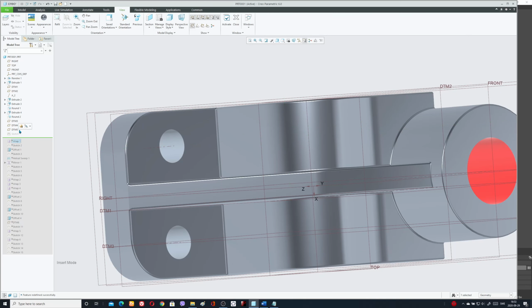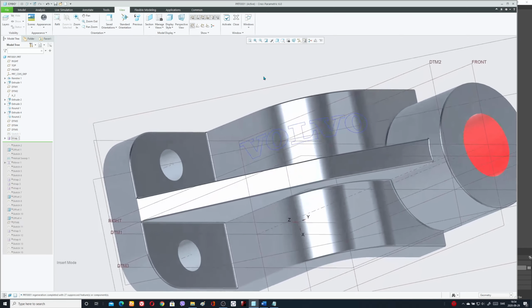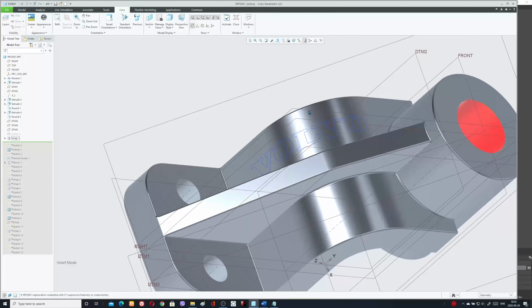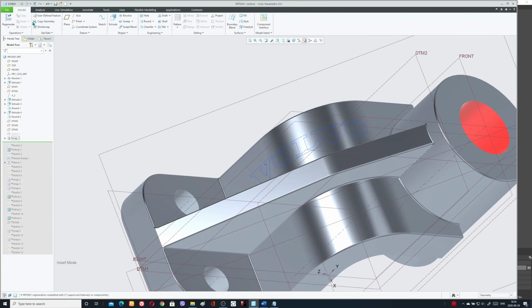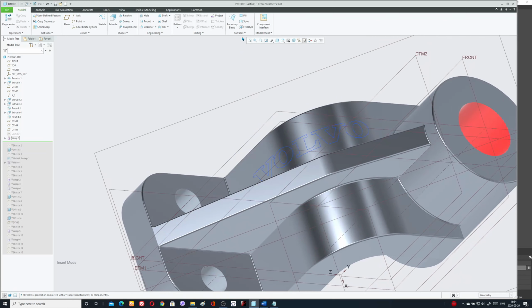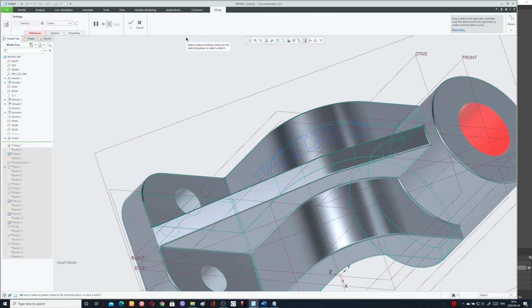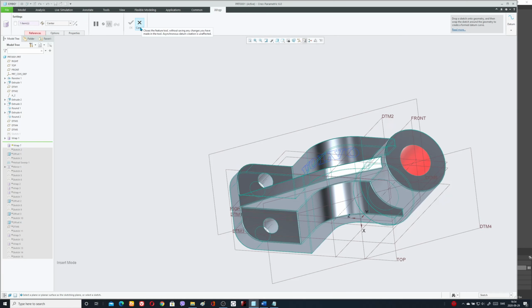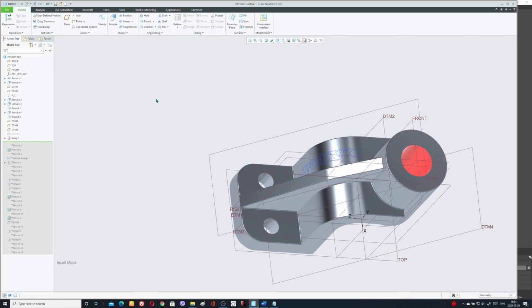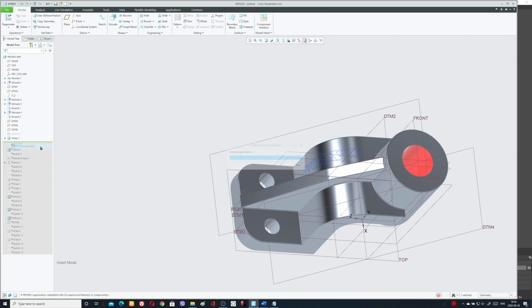So after that, I will wrap this text. And how can you do that? You go to the model, editing, wrapping this text here. Okay. I will cancel this one. Insert here.